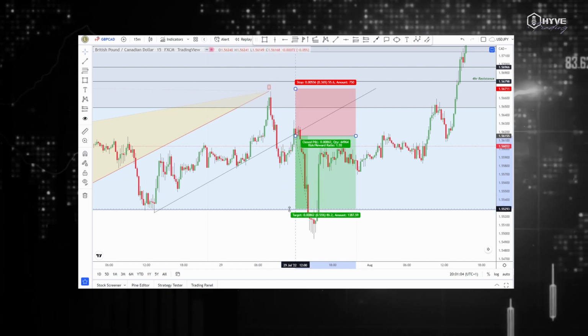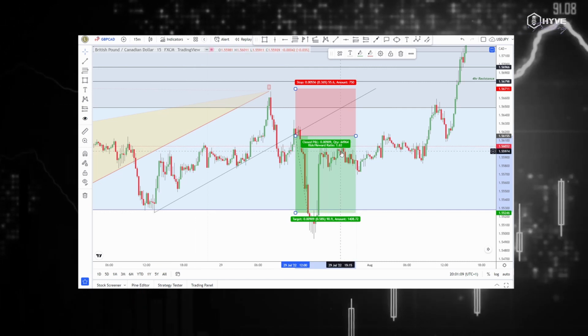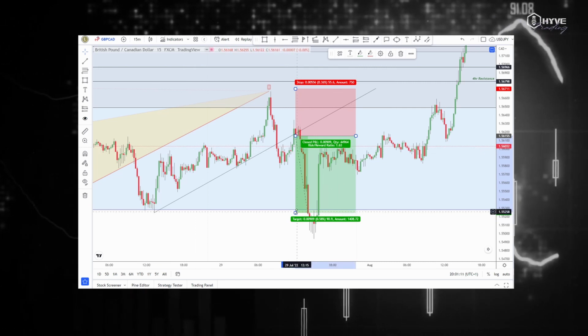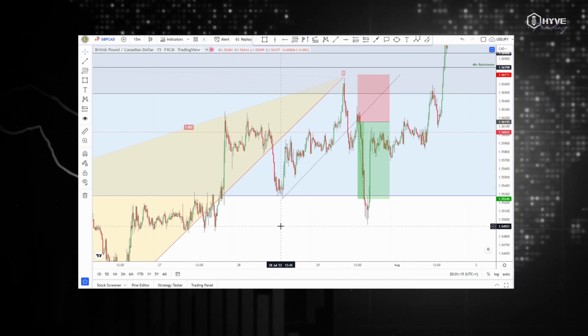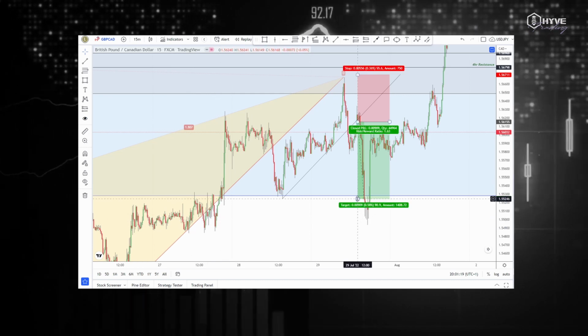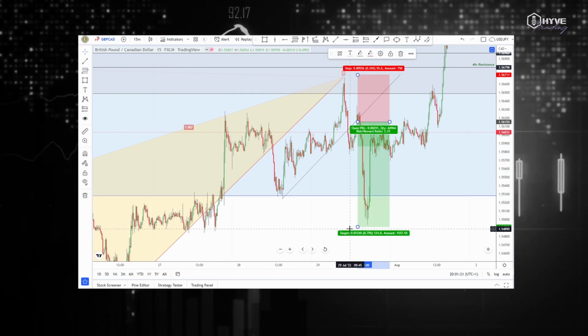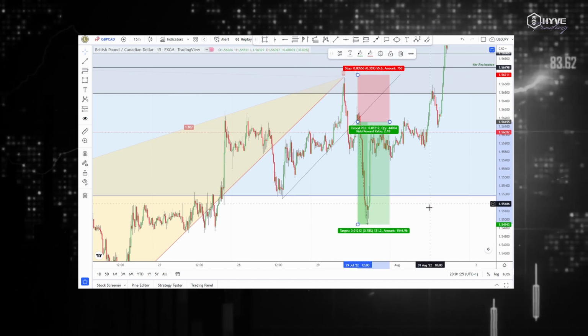You could shoot for either this low right here, which will give you a 1.6 risk to reward, or you could shoot for somewhere around this level here, because you can see there was a lot of activity going on here, and you would have banked a nice 2-to-1 risk reward.